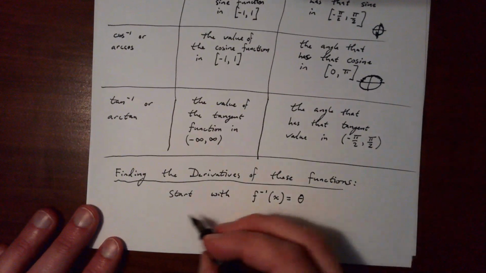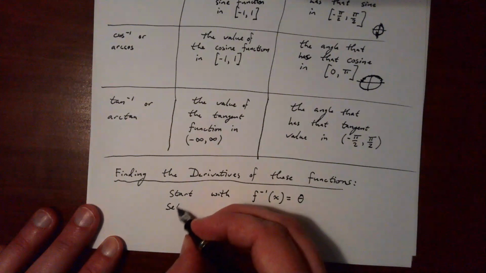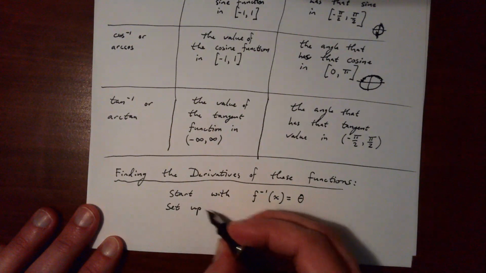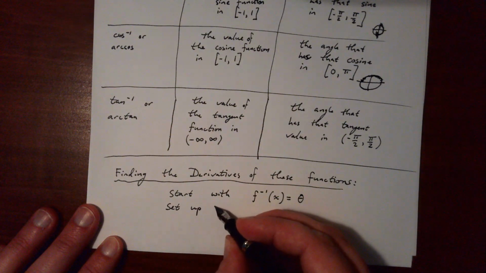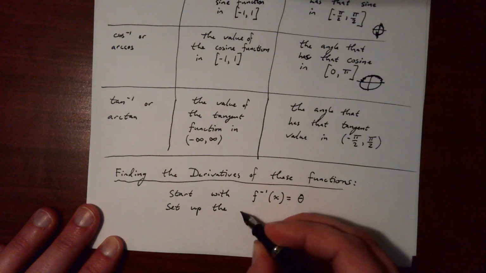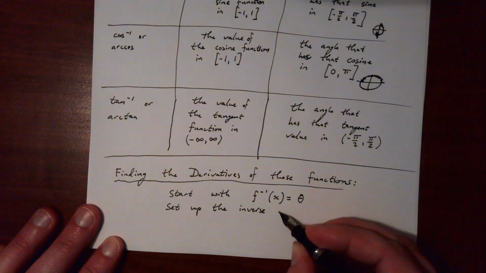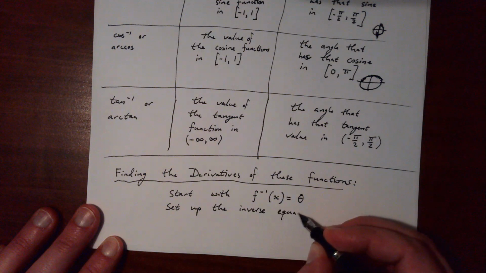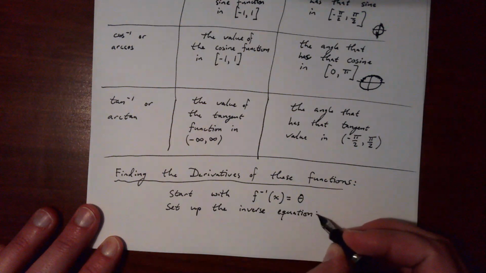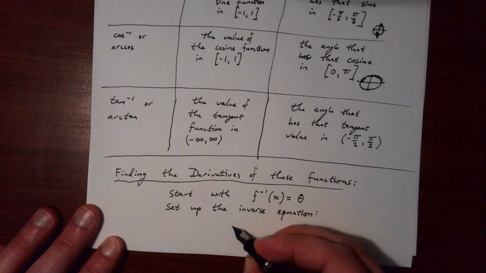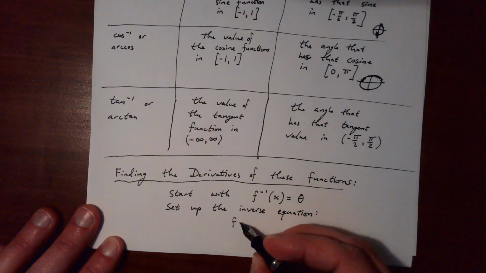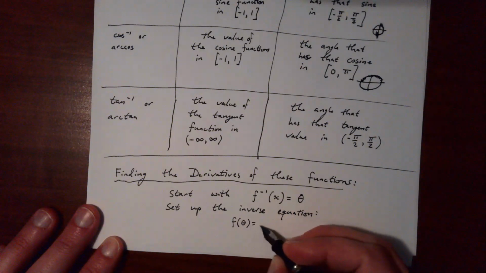Alright, now, what we can do is set up the inverse equation. So that would be back to original f. And that's going to look like, now f of theta equals x.